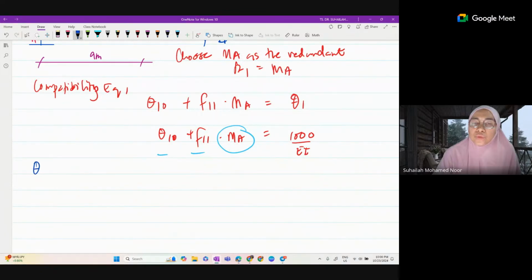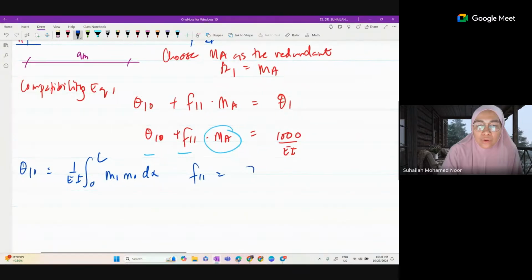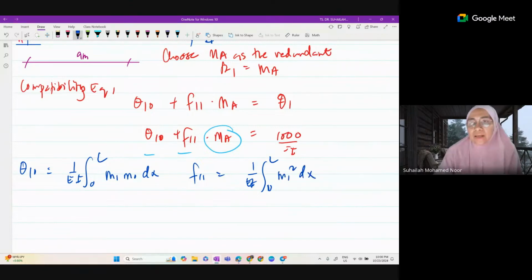Theta 1 naught is the integral from 0 to L of M1 M naught dx. And we have another one, F11, which is 1 over EI, integral from 0 to L of M1 squared dx.